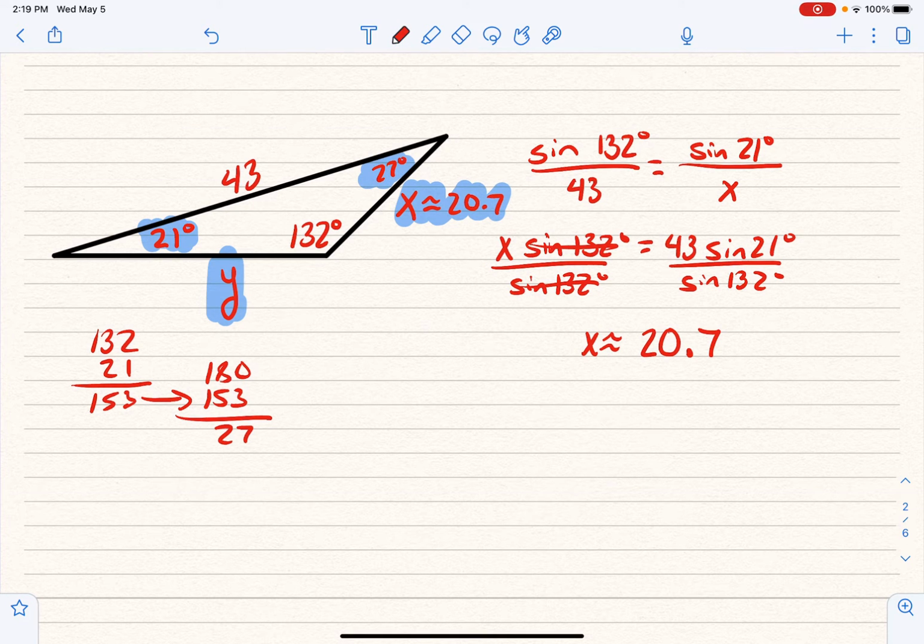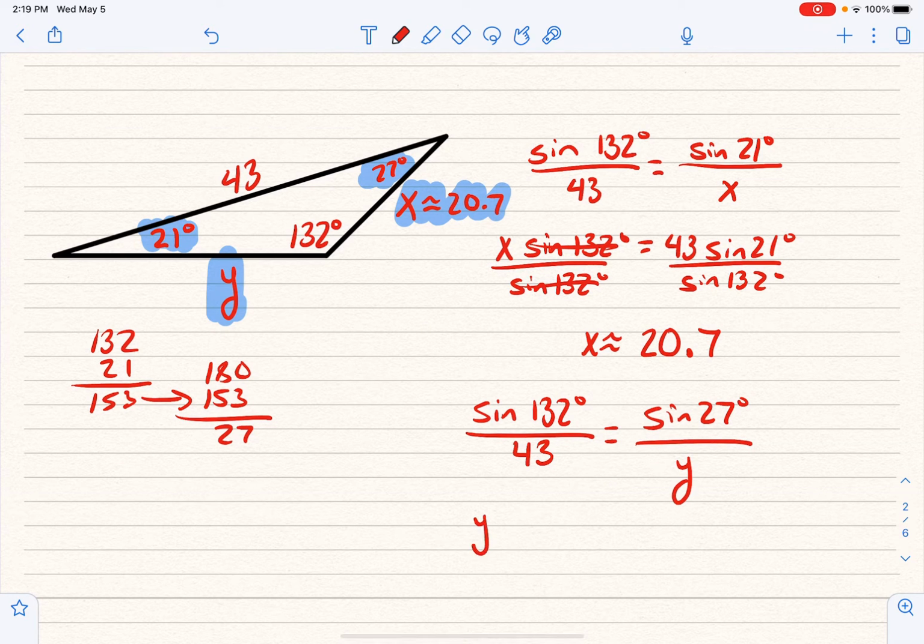So I'm going to start with the same rhythm. Sine of 132 is to 43 in the same way that the sine of 27 is to y. Cross multiply, you get y times the sine of 132 is equal to 43 times the sine of 27 degrees.